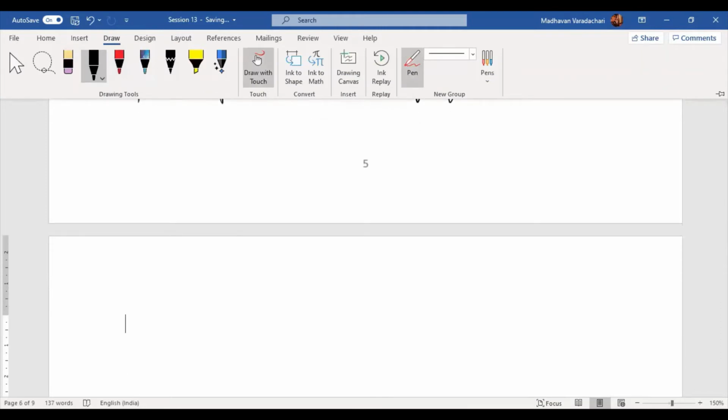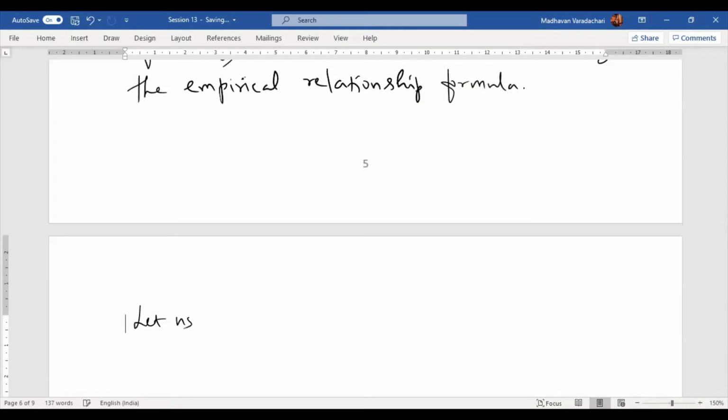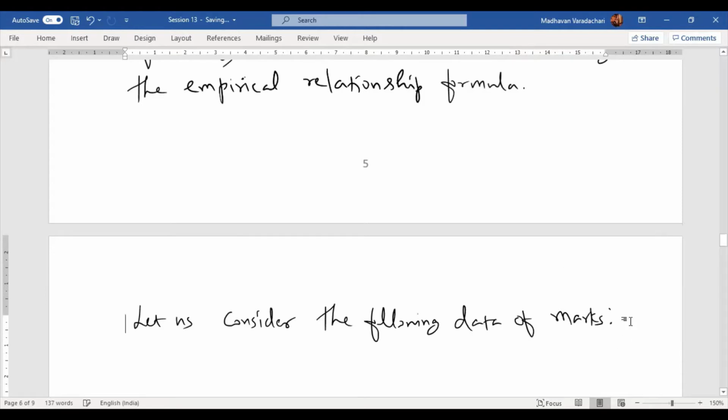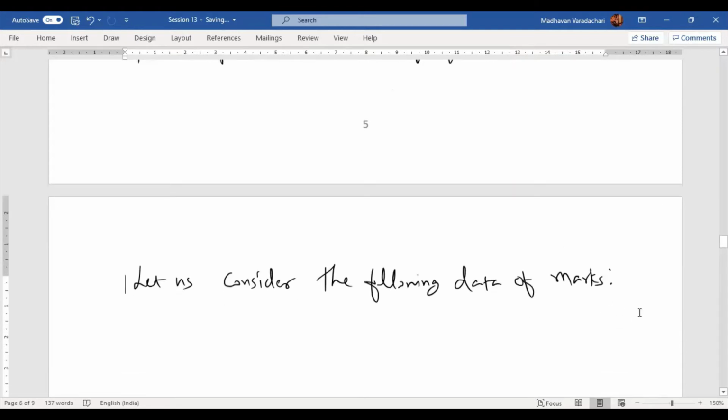Let us consider the following data of marks of students in a class.